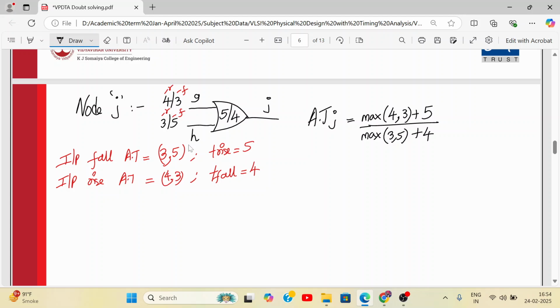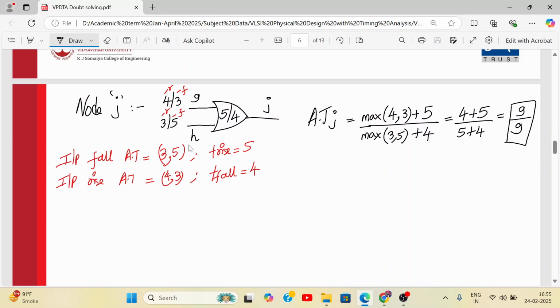So output rise arrival time will be maximum of input rise arrival time plus t rise, and output fall arrival time will be maximum of input fall arrival time plus t fall. Here it is: maximum of 4 plus 5, and 5 plus 4. This will be 9 by 9. So this is the arrival time at node J.